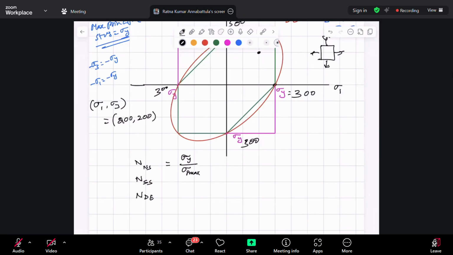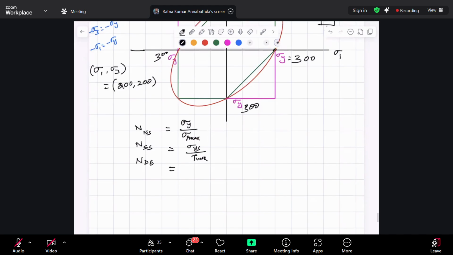For shear stress theory, shear yield strength divided by maximum shear stress. For distortion energy theory, yield strength by equivalent stress. That is how you define it, isn't it?